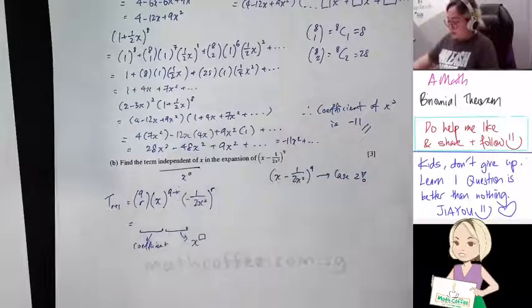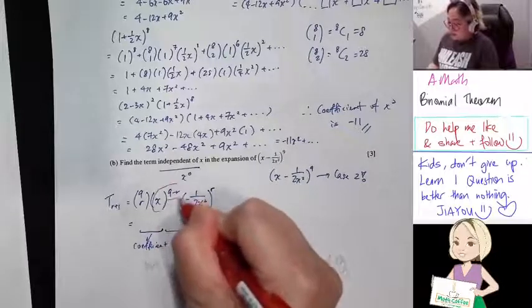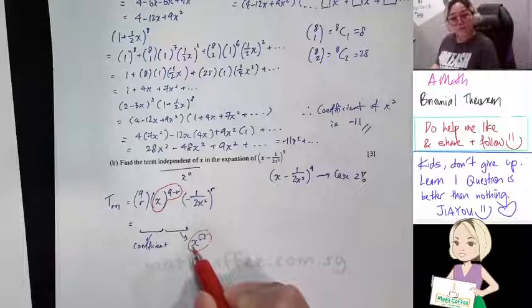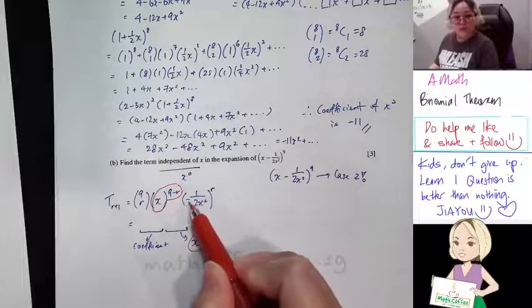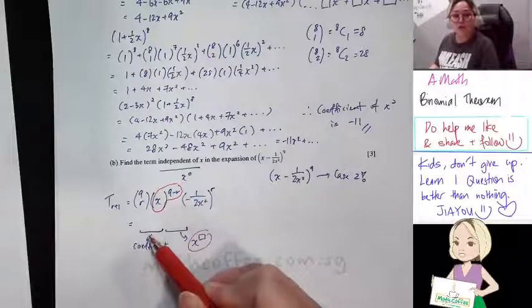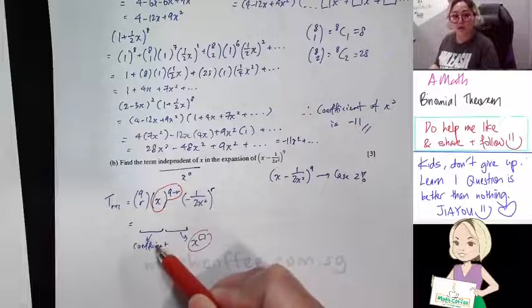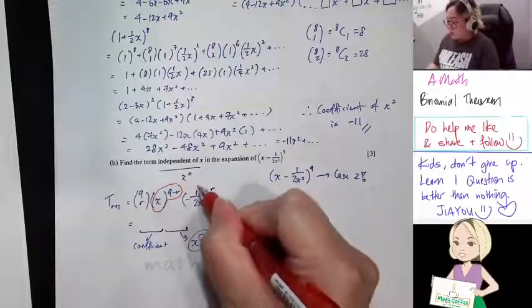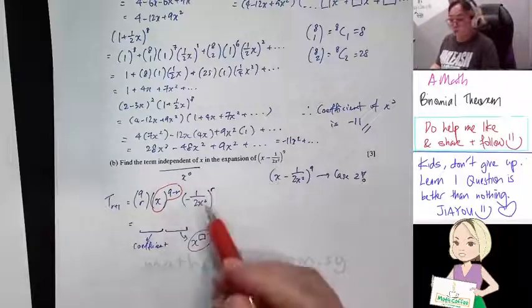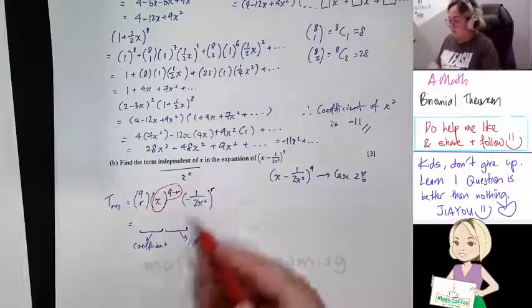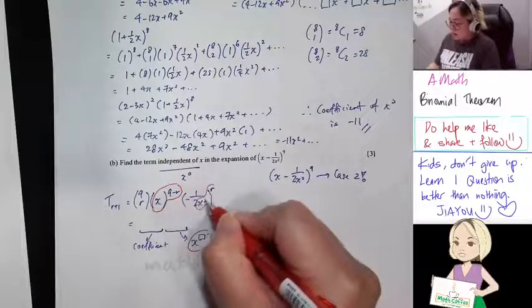These, I use red color, will definitely go to my x part. The negative doesn't matter; it only tells me whether my coefficient is positive or negative, so the negative belongs to my coefficient. So I'm not interested for the time being. The half, to the power of whatever number, also contributes to my coefficient. So I'm not interested in that either.